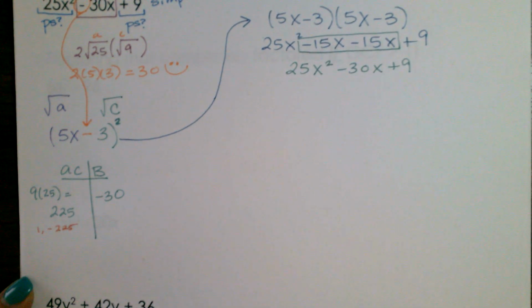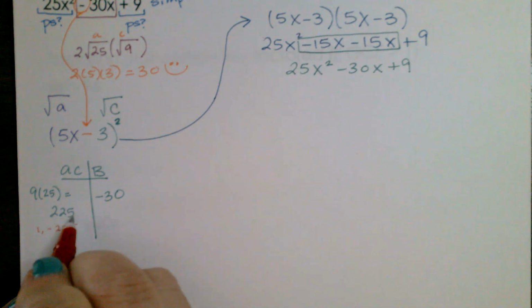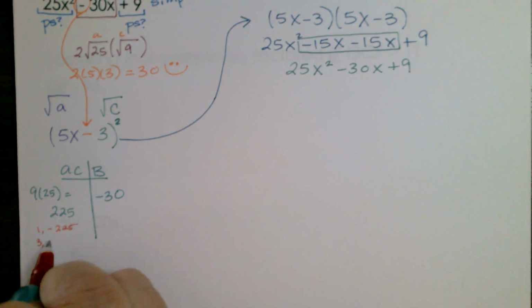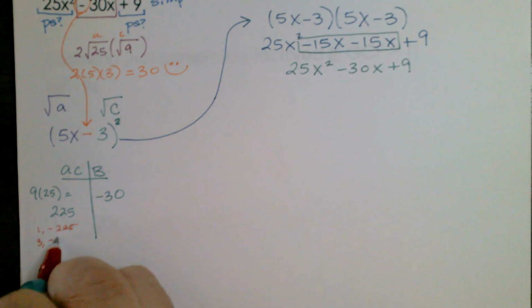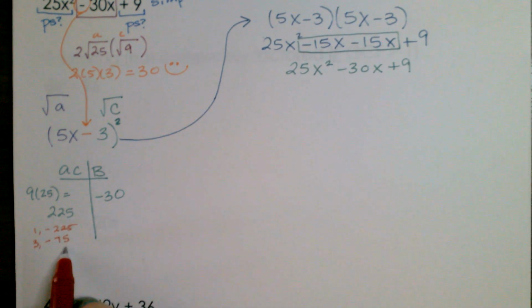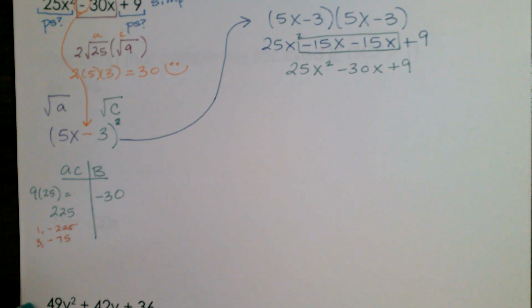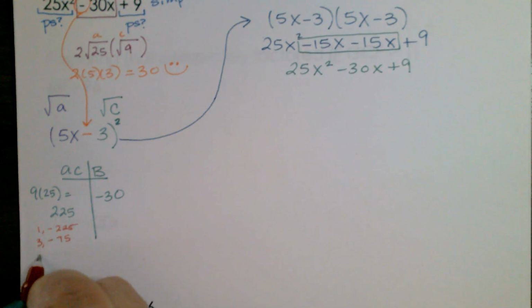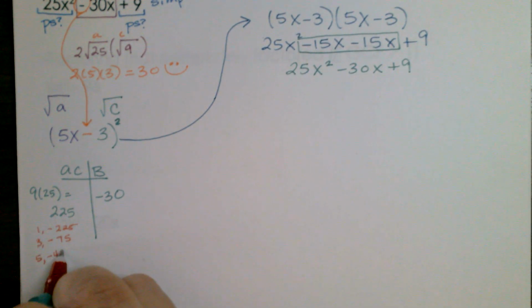We know that doesn't work. I could do not 2, but 3, and 3 goes in there 75 times. I add those. I do not get a sum of negative 30. 4 does not go into 25. 5 goes in there 45 times.